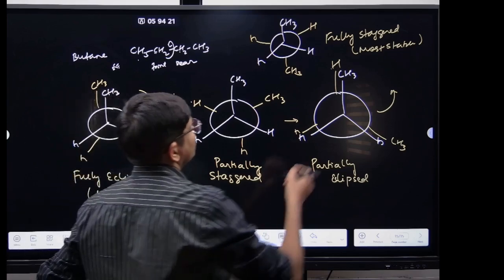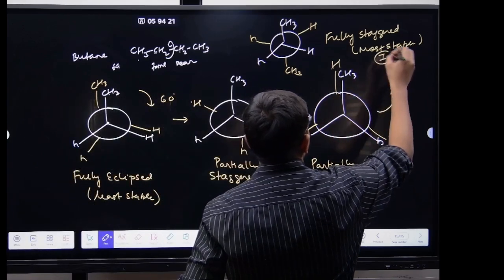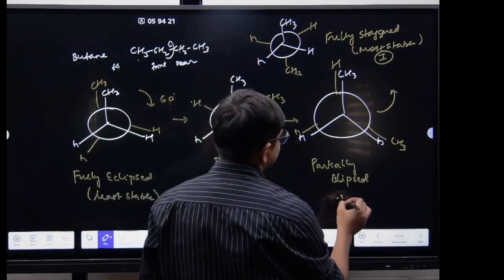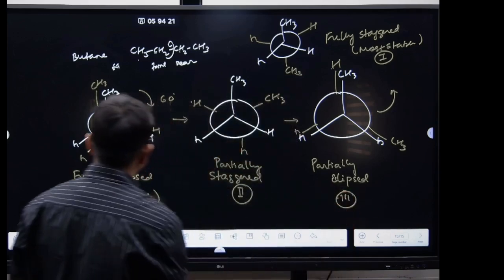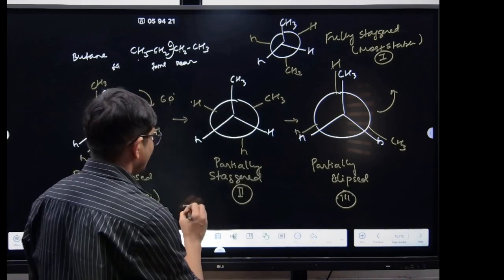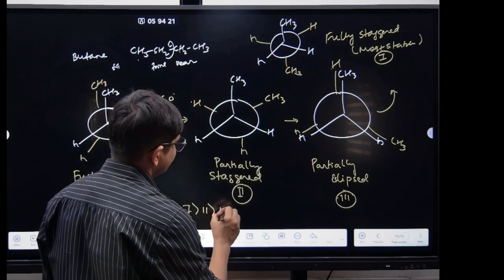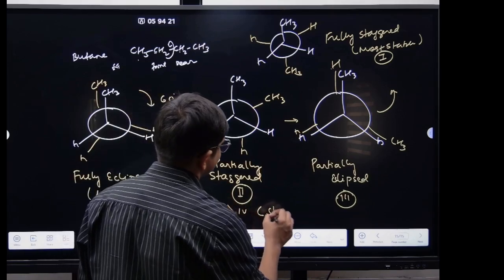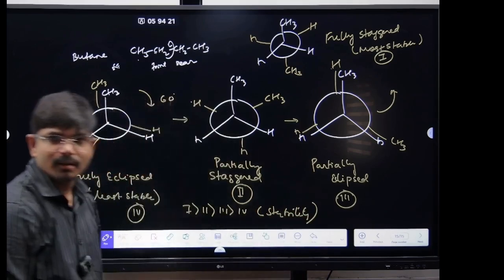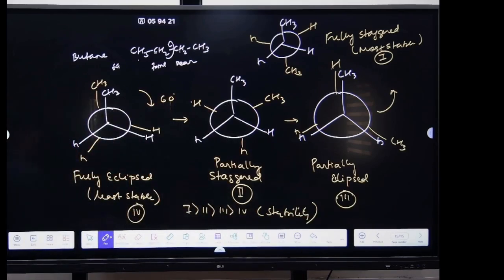So the stability order will be first, second, third, and the last, the least stable. So 1 greater than 2 greater than 3 greater than 4. This is the stability order, because of the repulsion parameter. So in the conformation, the bonds can rotate. Got it? Understood here?